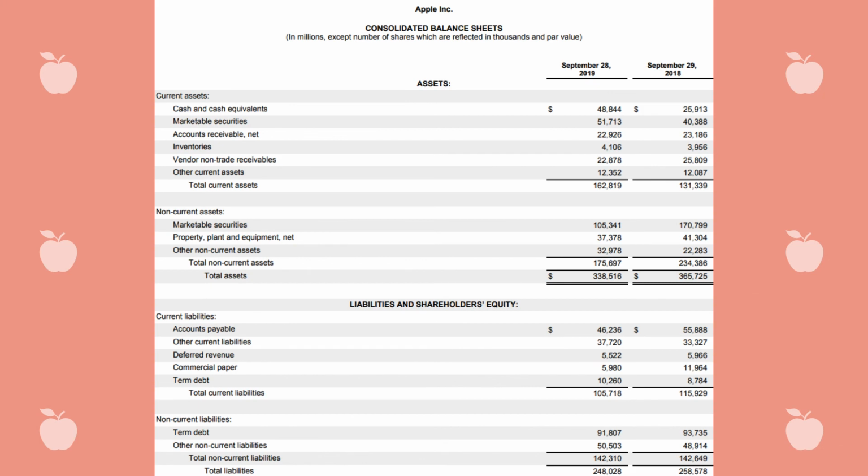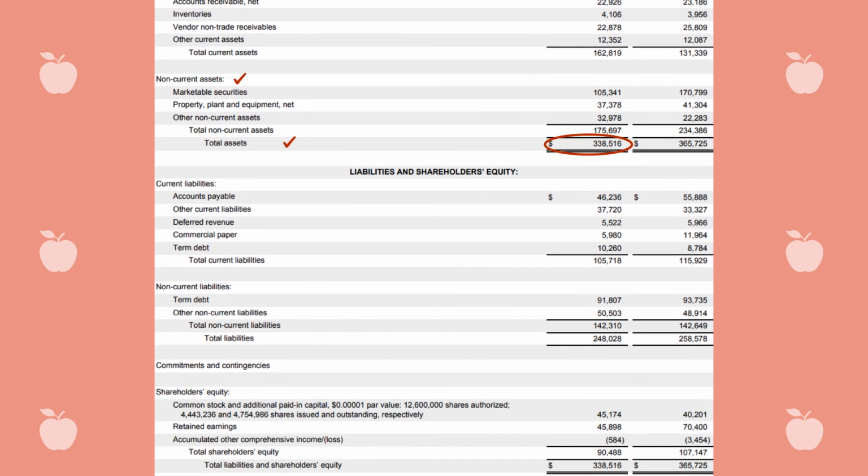How about a real life example? Let's look at Apple's balance sheet. Beginning with the title, we have the name of the company, we have the title balance sheet, and we have the date of which this snapshot is provided for. We have assets divided into current assets and non-current assets, totaling those up to total assets. And we have our number. Let's move on to liabilities and stockholder equity section.